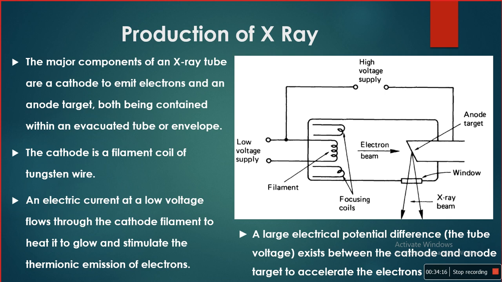So usually a 3 to 4 mm thickness of beryllium is generally used here. Remember, a 3 to 4 mm thick beryllium sheet is used as the window of the X-ray.